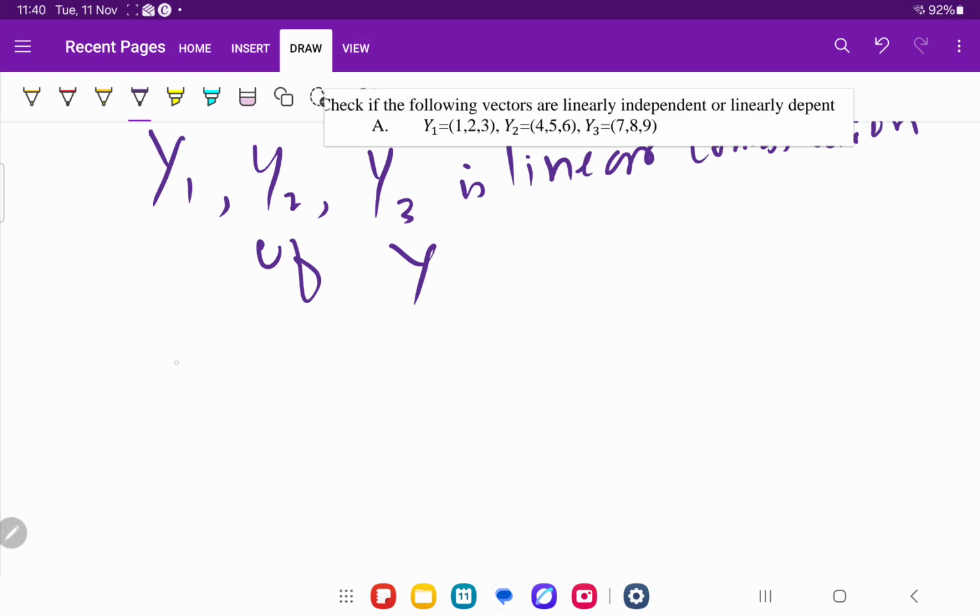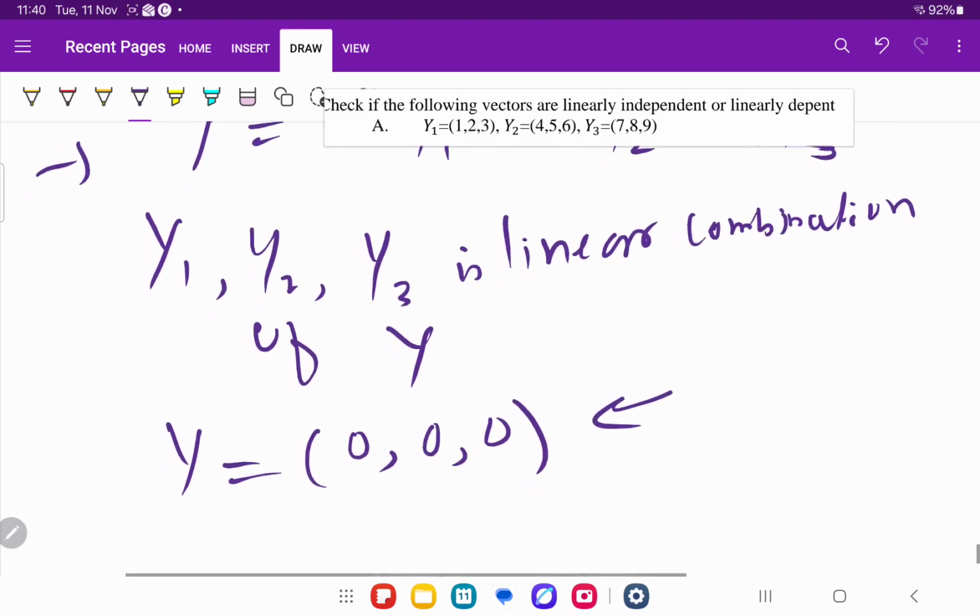By having your y as 0 0 0. So when you want to prove if this system is linearly independent or dependent, you have to always consider your y as 0 0 0.